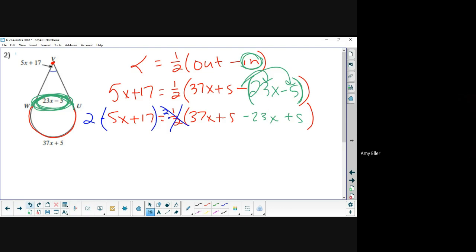Good. We're pretty good at the leftover algebra, so maybe you can do it on your own. I'm going to simplify my like terms on the right.